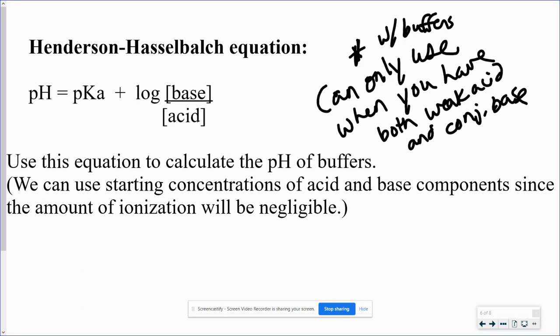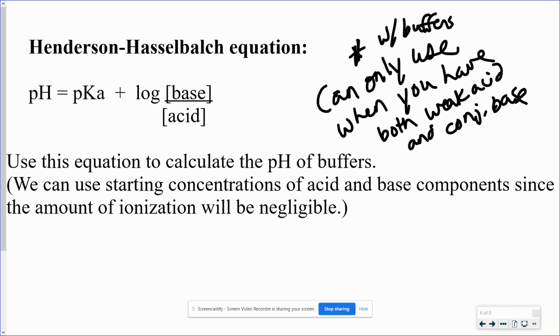Otherwise, it's a shortcut. Instead of having to do an ICE problem every time, you can just plug in the initial or starting amounts of base and acid. Again, we're assuming that there's only going to be a little dissociation of the weak acid to its base, or from the weak base to its acid.